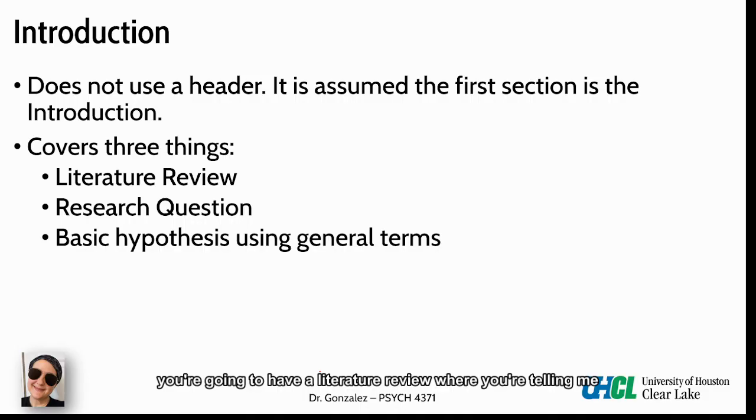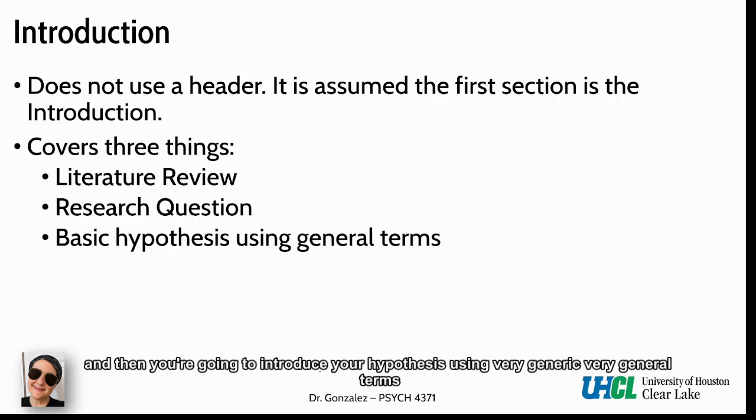You're going to have a literature review where you're telling me about those summaries that you already compiled and how that body of research is going to form your research question. You're going to then transition and introduce your research question. And then you're going to introduce your hypothesis using very generic, very general terms.